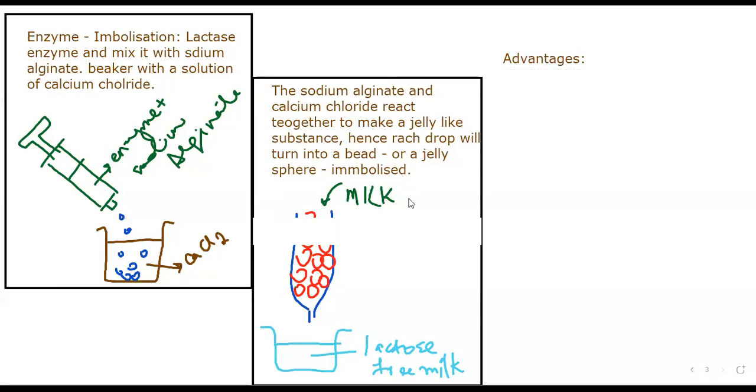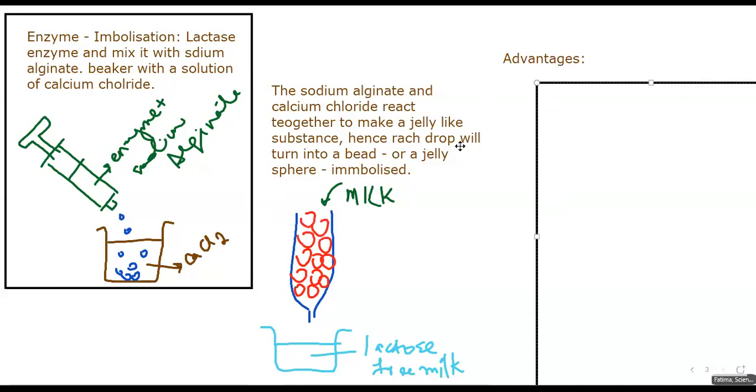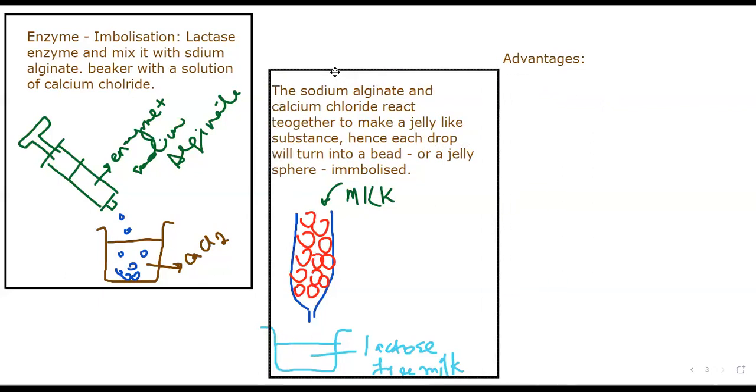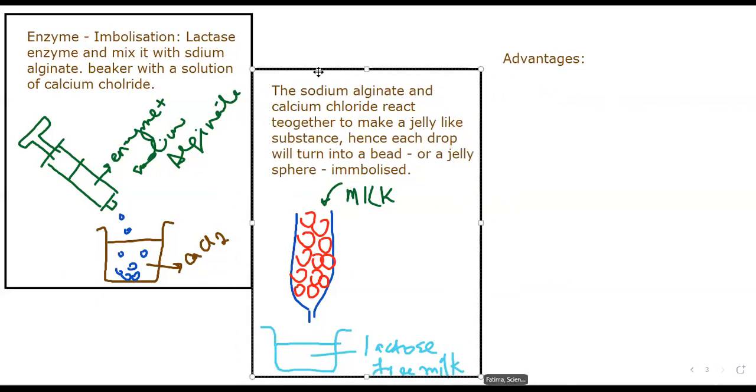Why is it that I need to go through the process of enzyme immobilization? Why can't I just directly mix lactase with the milk? I'll get the same result. Why do you want me to go through this long process?